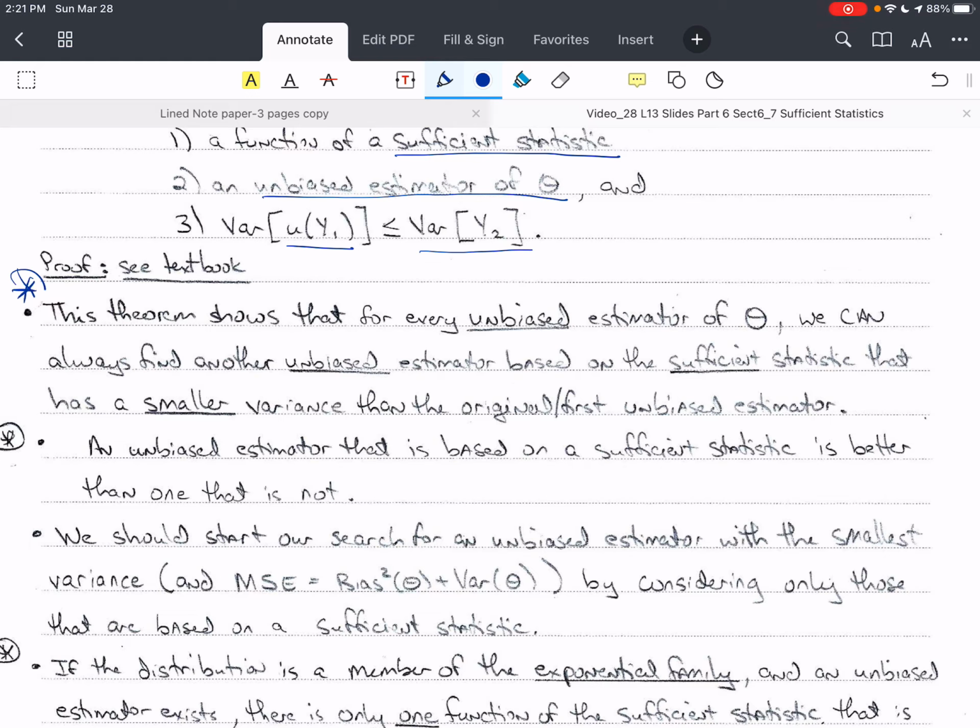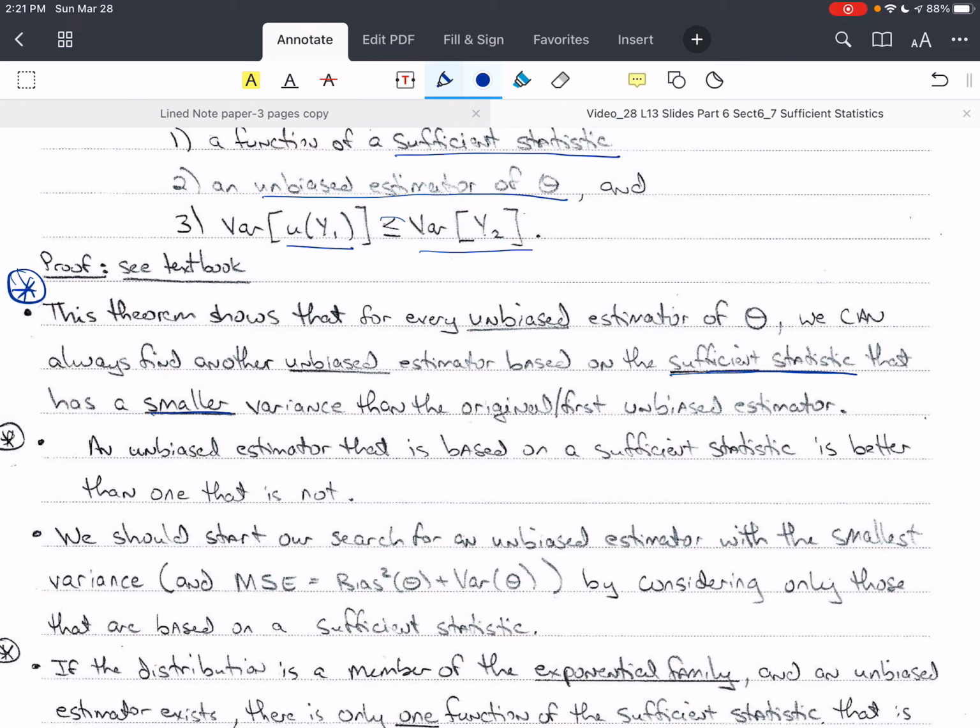Looking at the theorem, it may seem pretty complex, so let's talk about the general idea. This theorem shows that for every unbiased estimator of theta, we can always find another unbiased estimator based on the sufficient statistic that has a smaller variance than the original or first unbiased estimator.